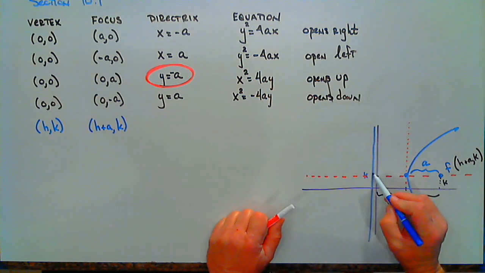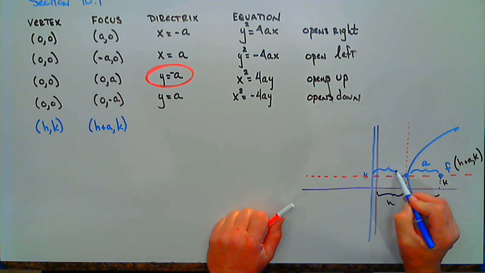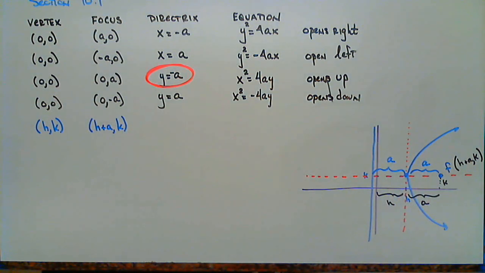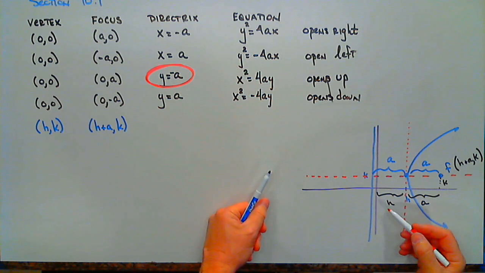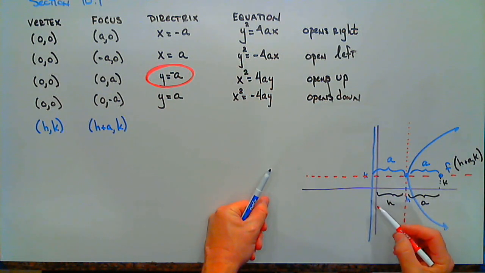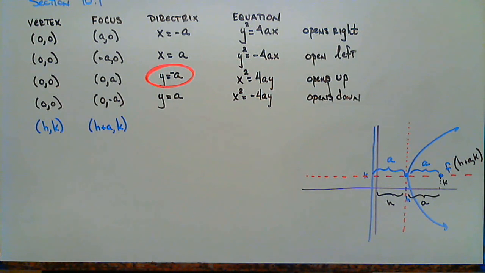Now remember, that's A. That's A. So we have to figure out what is this value right here, right? Where is our directrix? Well, where are we located?